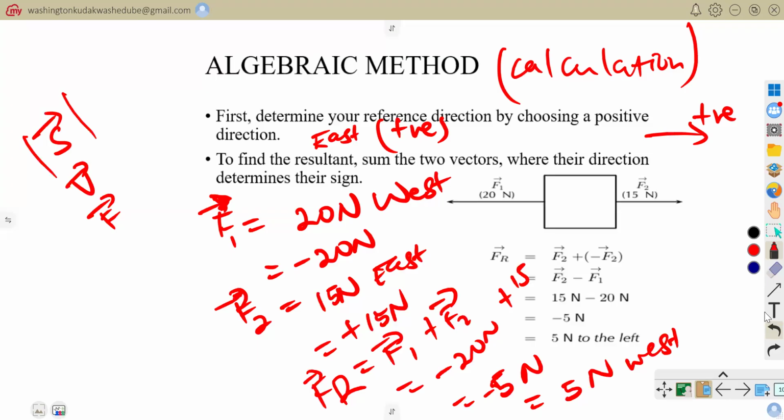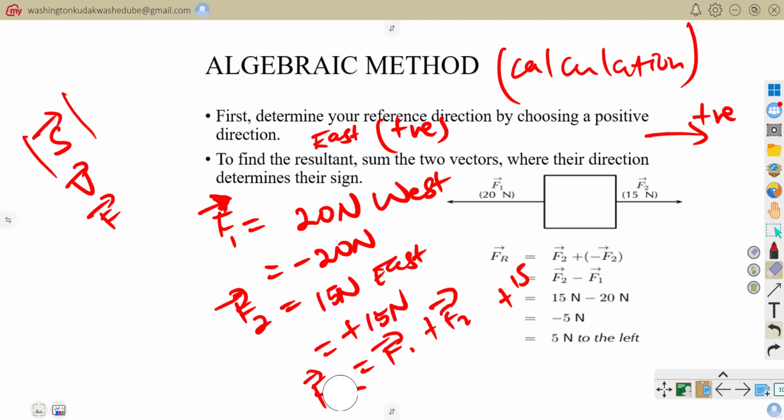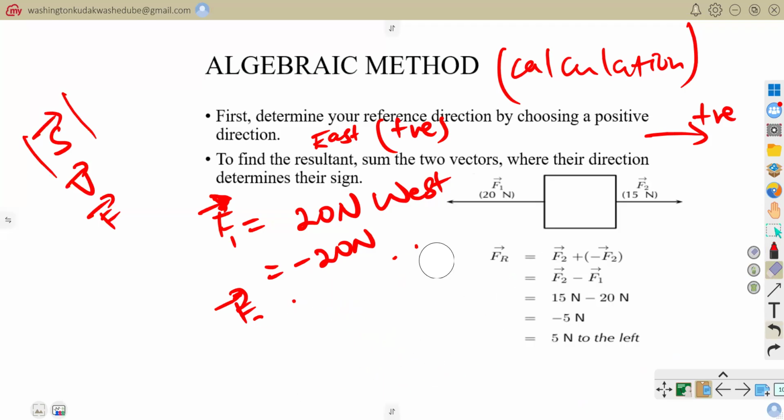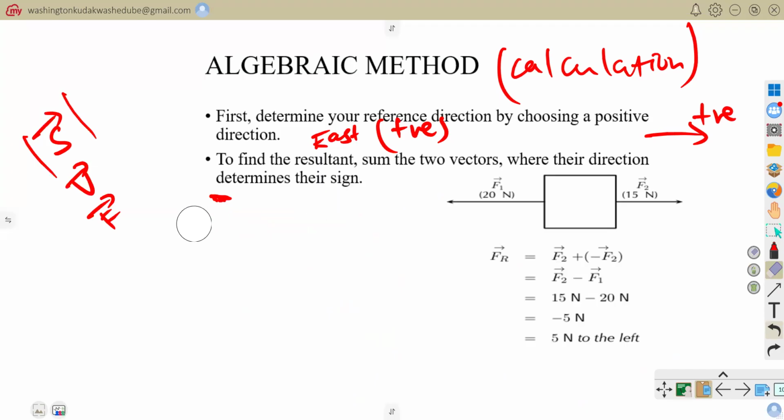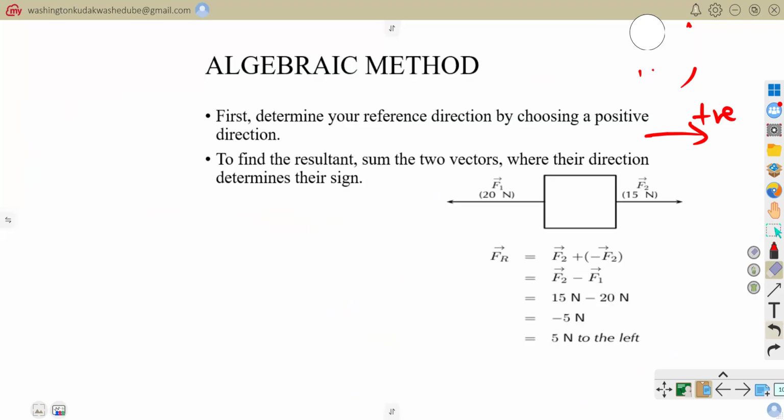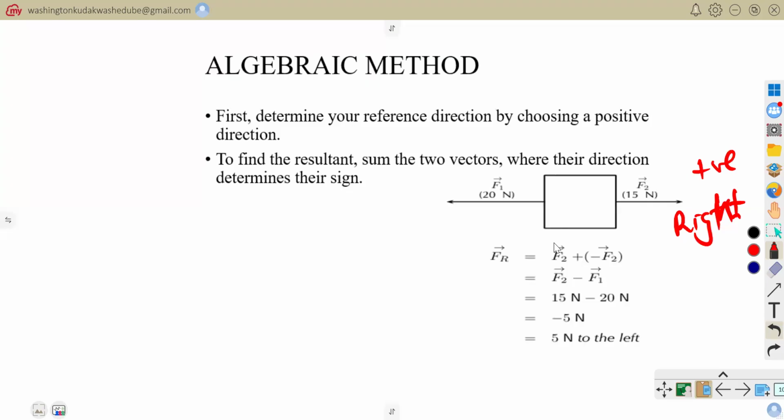But in the example that I have here, you can see that they chose a reference direction by using relative direction, not the compass. They said to the left or to the right. So they chose to the right to be positive, so that when they said this one is going to the right, it's positive, and this one going to the left is negative.